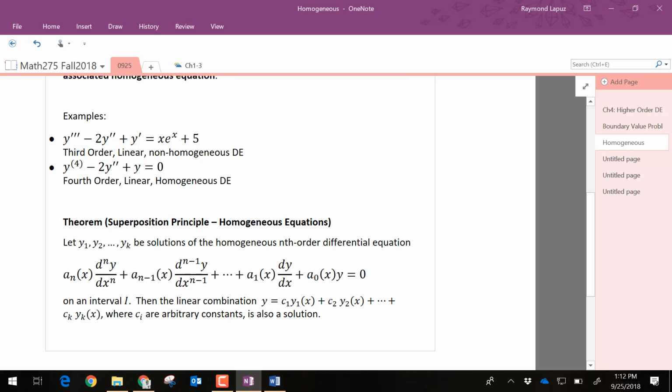All right. So there's this thing called the superposition principle.